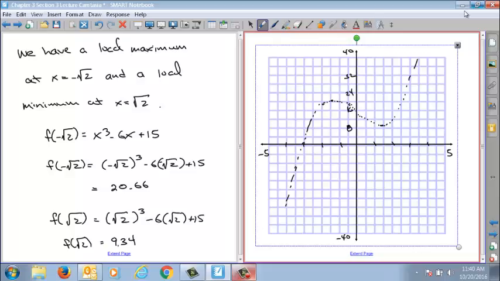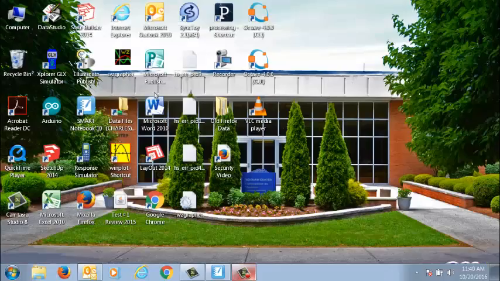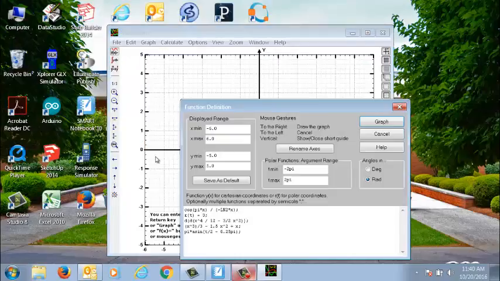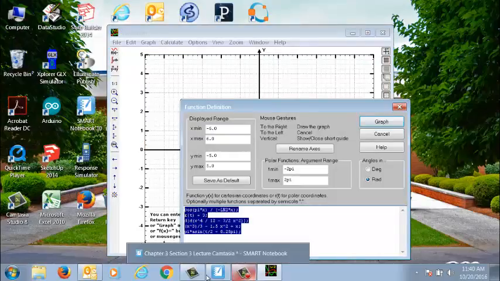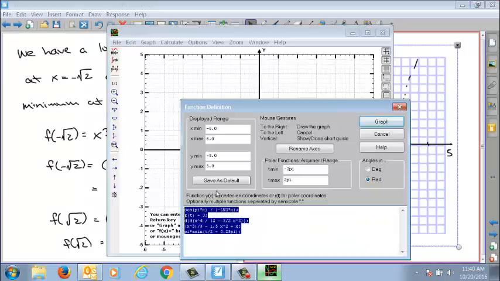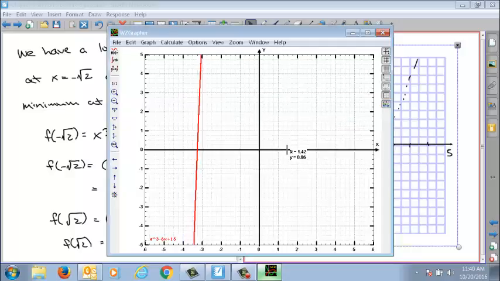So what I'm going to do is go to the graphing program, and input the function, which I've forgotten what it was. x cubed minus 6x plus 15. Graph that, and we have to zoom out.